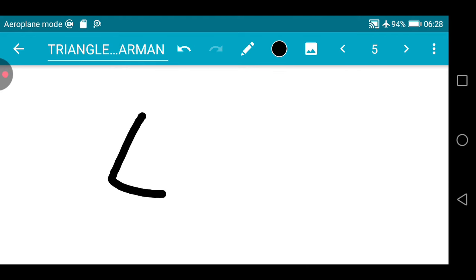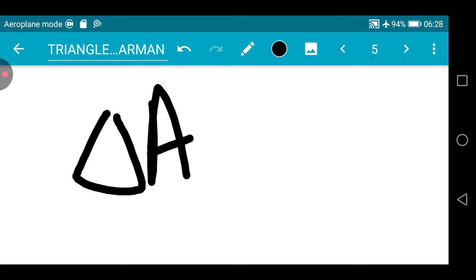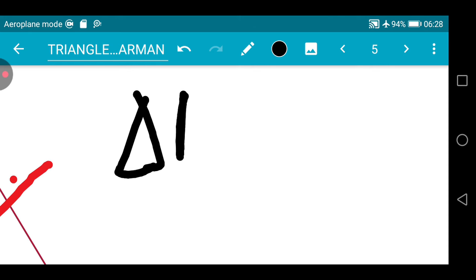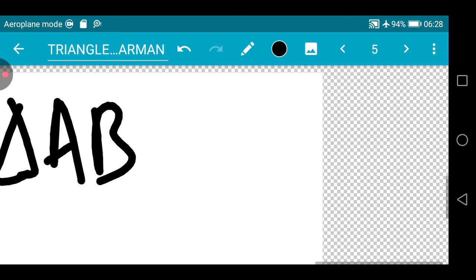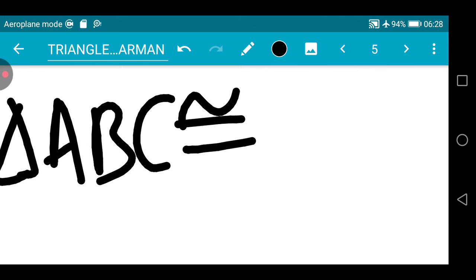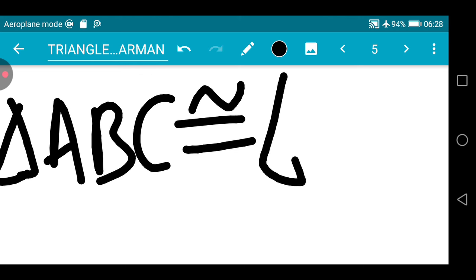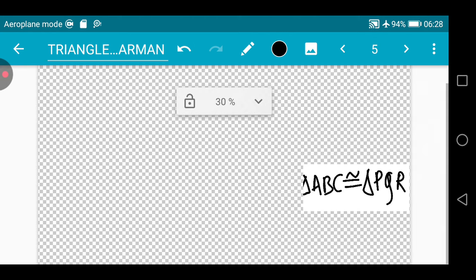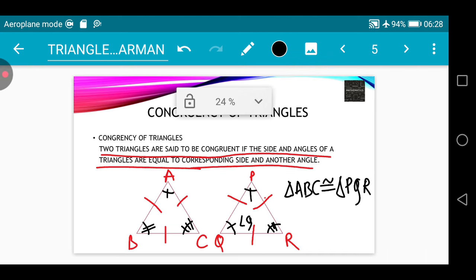If we have proved these equalities, you can say triangle ABC is congruent to triangle PQR.